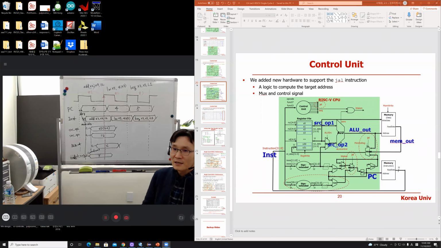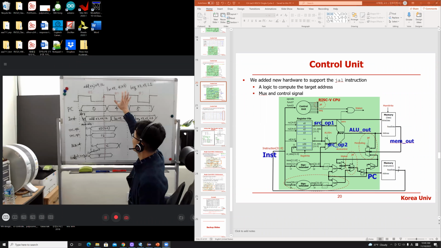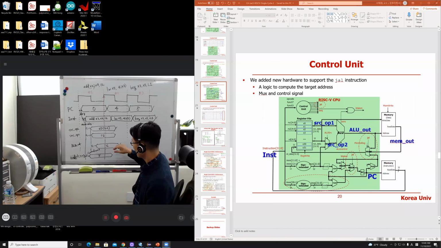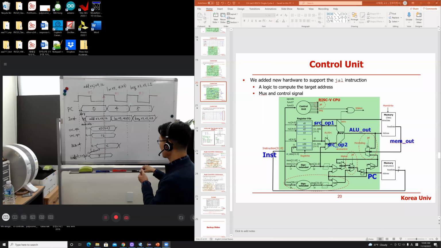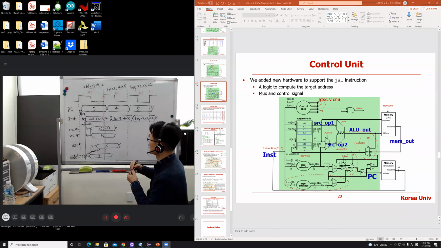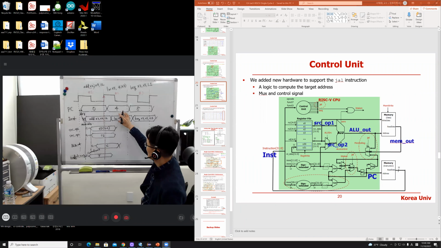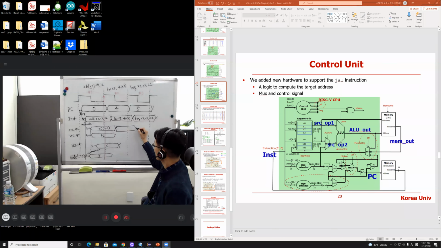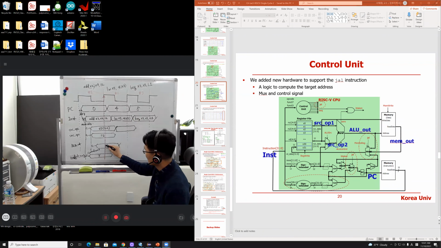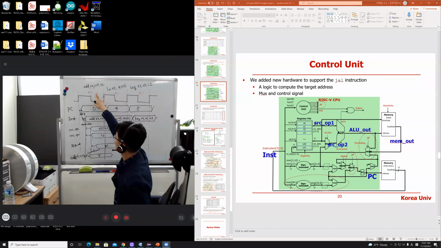Okay. And then let's execute the second instruction, which is the memory read instruction, LW, right? Same thing is happening. You got the instruction, then the source operand. The first source operand is x3. X3 happens to be 12, because the previous instruction updated x3.